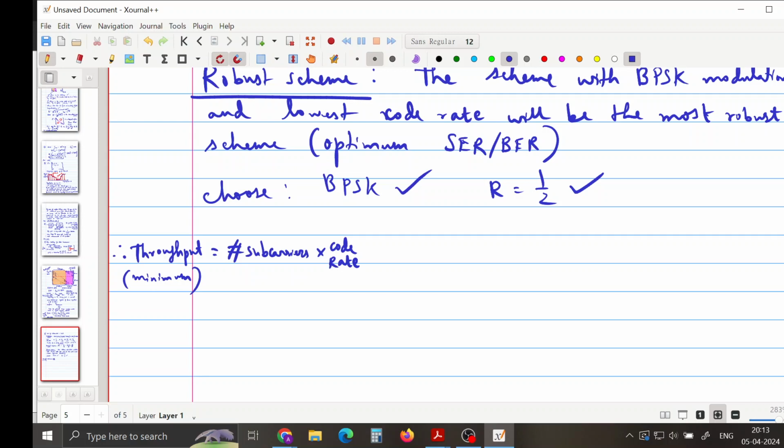So the message bits are only carrying the message, right? So that's why they will occur in the expression of throughput, times the bits per symbol. So for different modulation schemes you will have some number of bits per symbol, right? For BPSK there is only one bit per symbol, so the number of channel bits per symbol, per subcarrier symbol.